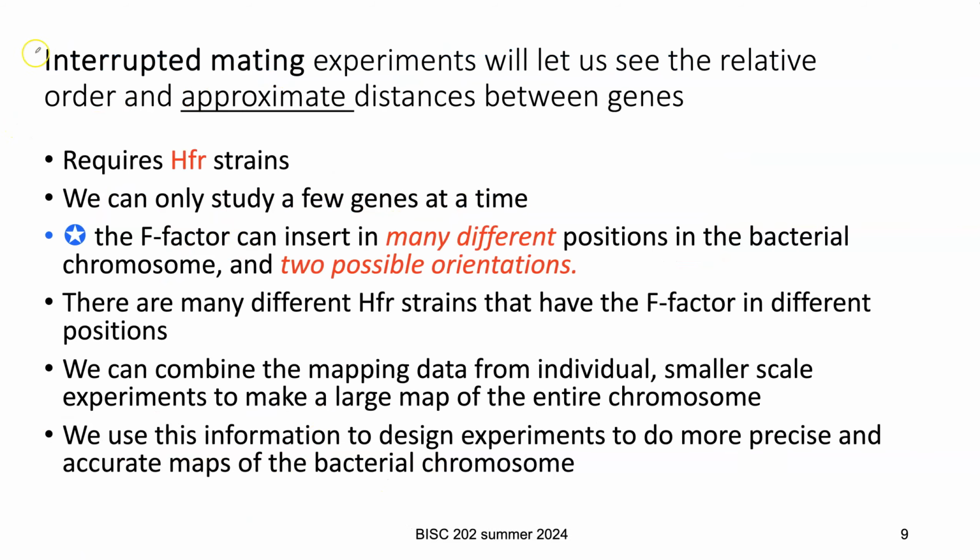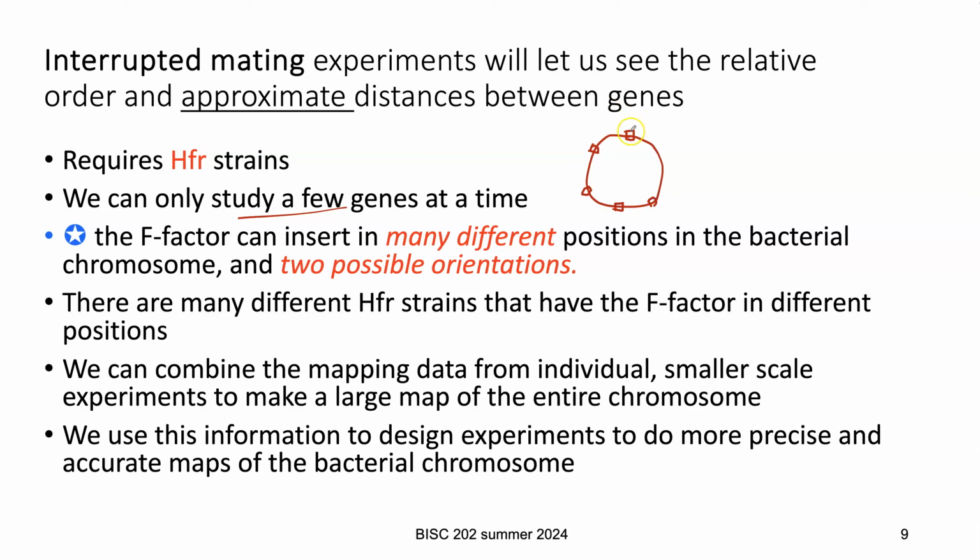So these interrupted mating experiments, I've just said this, they tell you the relative order and the approximate distances of genes, and in relatively small sections of a chromosome at a time. So we only study a few genes at a time. But the good news is that if you look in E. coli, there are lots of places all over the bacterial chromosome where the F factor can actually insert into those bacterial chromosomes.